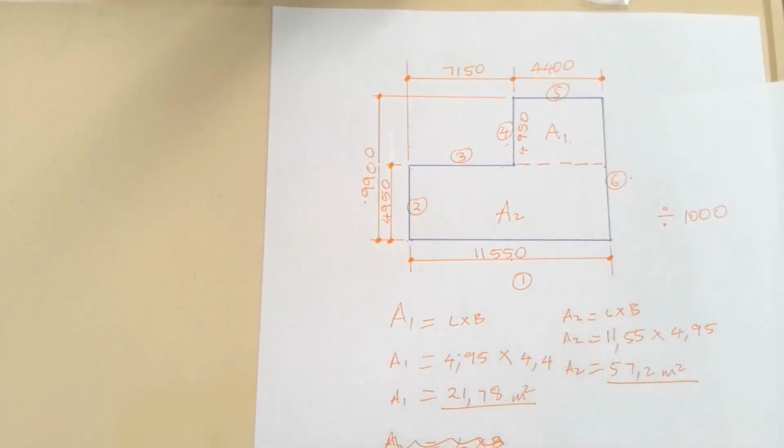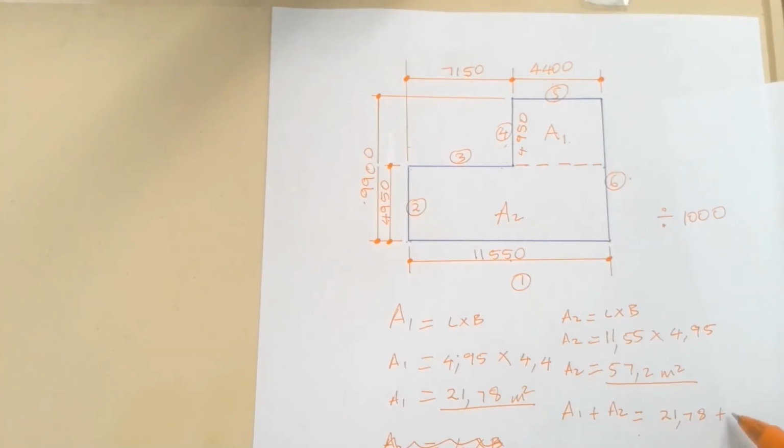All right, but the question wanted us to calculate the total area of the dwelling. We then say area 1 plus area 2, which must be same as saying that it's 21,78 plus 57.2, which will give us 78.95 square meters.